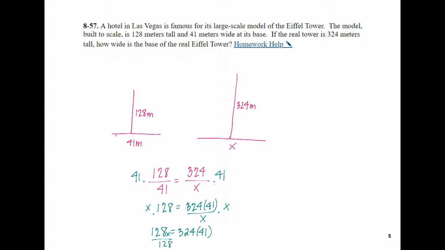Divide by 128, and we get that the real Eiffel Tower is approximately 103.78 meters wide. So some of you may have viewed this as cross multiplication, which is true, but the reason cross multiplication works is because it's the inverse operation of division.